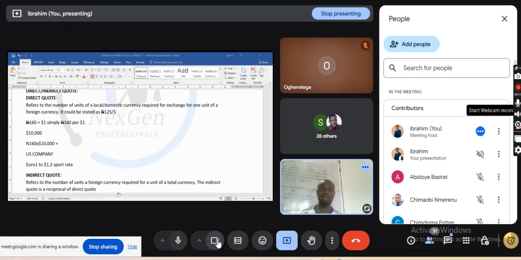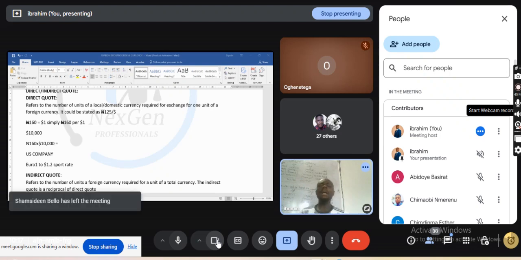Now, a German company and a US company. A German company wants to buy something outside. Of course, you will not buy in euro; you will buy in dollars.